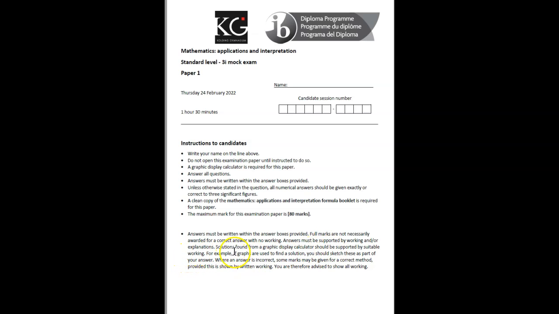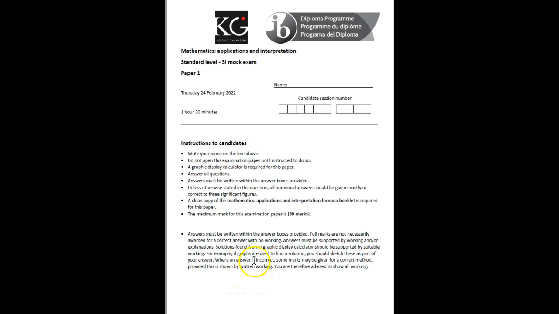If graphs are used to find a solution, you should sketch these as part of your answer. If you find a minimum or maximum, or intersections or an integral, do a small quick sketch to show what you did, and write something like, I used my GDC to find the intersection, and then do the sketch.